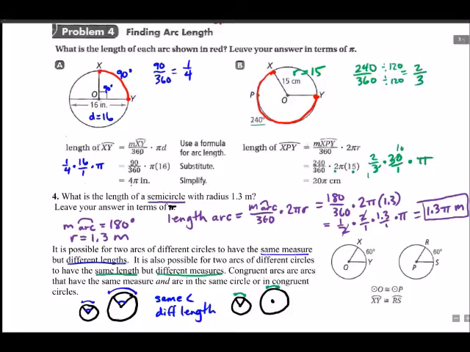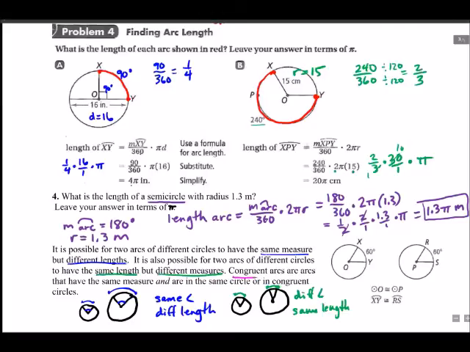Well, we have to have a much smaller arc. So these have a different angle, but the same length.